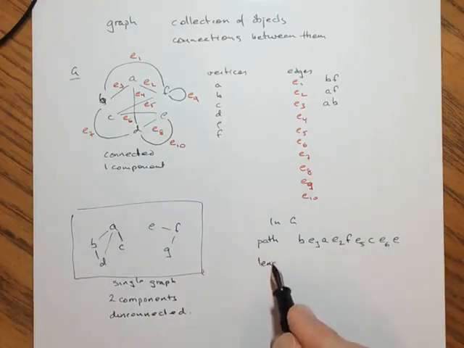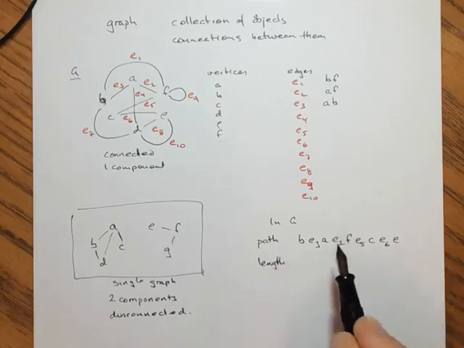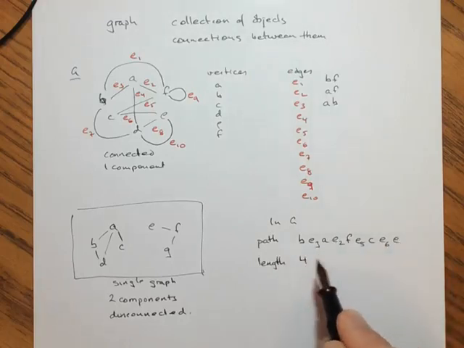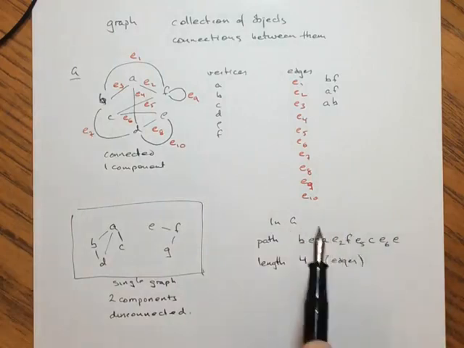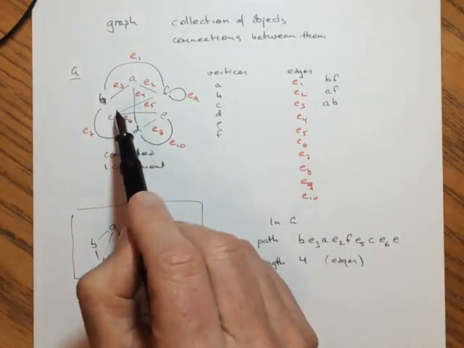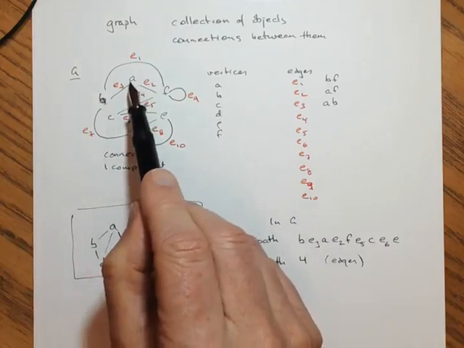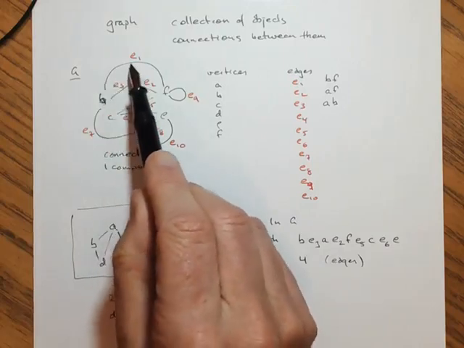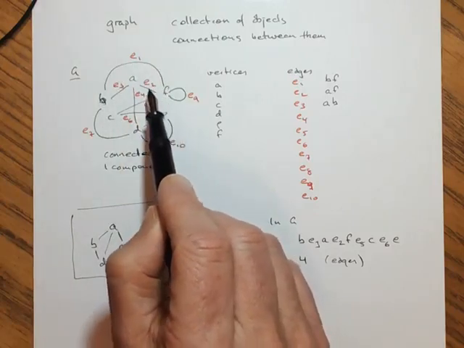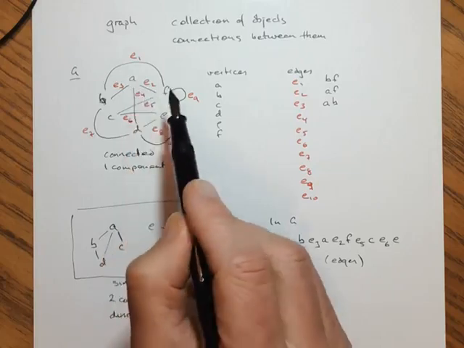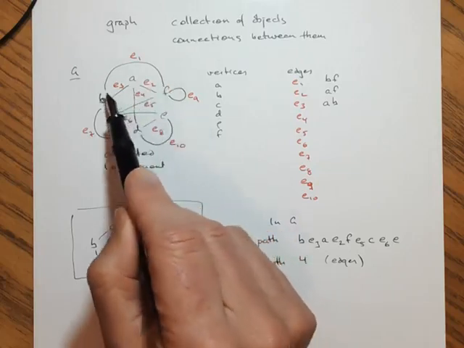We can then talk about the length, and we basically ask ourselves, how many edges are involved? So 1, 2, 3, 4 edges. We're basically counting the number of edges involved. And notice that in this path, we're not repeating anything, so we're not going something like A to B, around to E to F, and then back again, because that would actually close off.